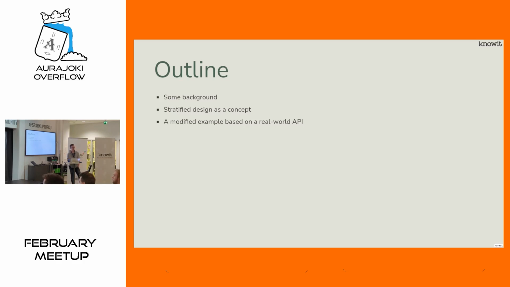And then we will move on to a more realistic API, one that is based on an API in our actual client project, but one that I have adapted and modified in order to be able to use it here as an example. So we'll start off with a made-up example and conclude hopefully with a more interesting, realistic example. And by the end of the presentation, I hope you will have some idea of what these strange and perhaps scary words actually mean.